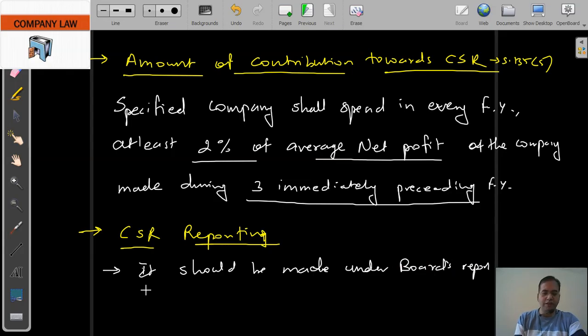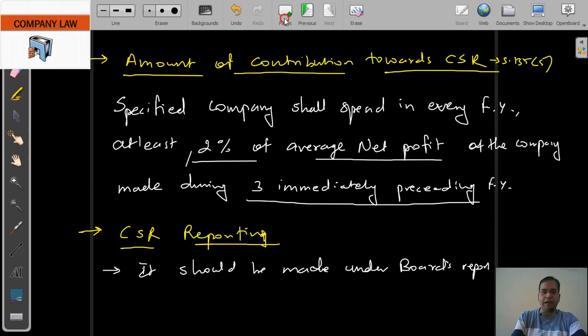Okay, so that is important. Activities should be properly undertaken, like eradicating hunger, promoting education, promoting gender equality, environmental sustainability, training to promote rural sports, contribution to the Prime Minister's National Relief Fund, etc. So these are some of the activities which a company can undertake.